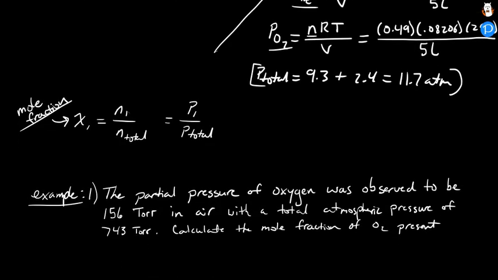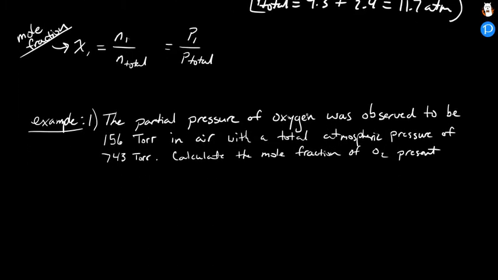So coming down here to look at this example, let's say the partial pressure of oxygen was observed to be 156 torr in air with a total atmospheric pressure of 743 torr. Calculate the mole fraction of O2 present. What they mean by in air is just the atmospheric air that's all around us right now, the air in the room that you're breathing in, which is made up of more than just oxygen.